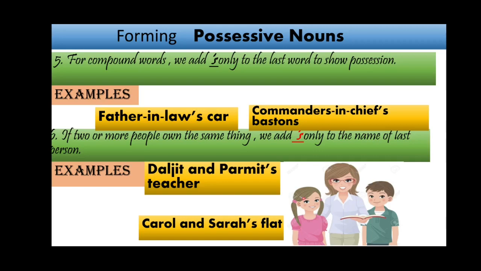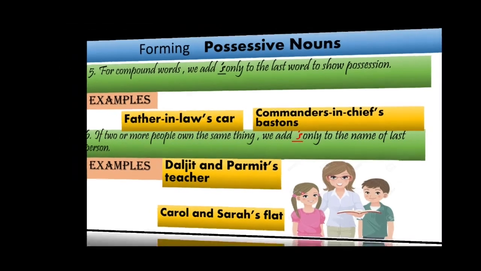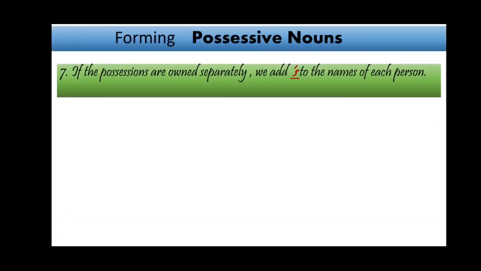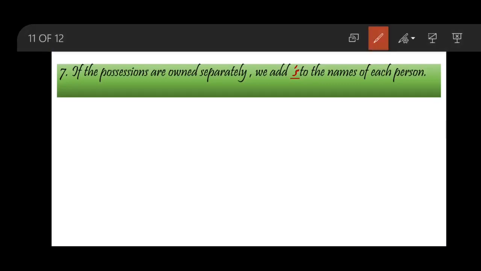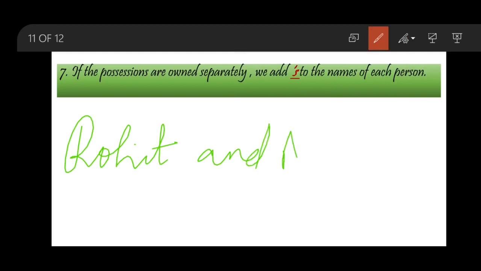Yes, and an exception. For this we have one more last point. Let's have a look. For the last point, if the possessions are owned separately, like, as I gave you the example of Rohit and Mohit's teacher, but now both are brothers and both have different teachers.